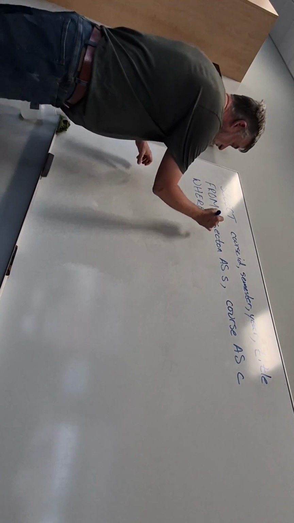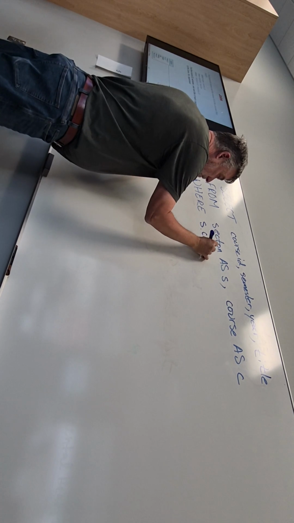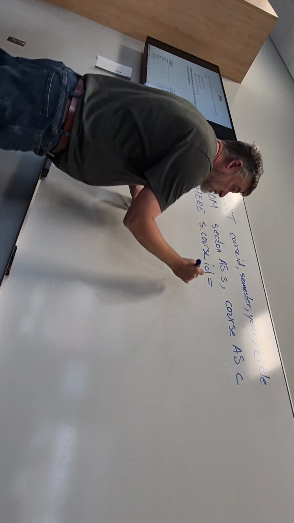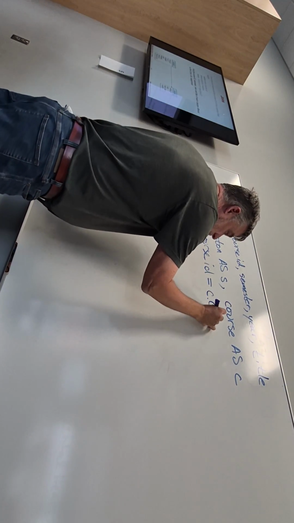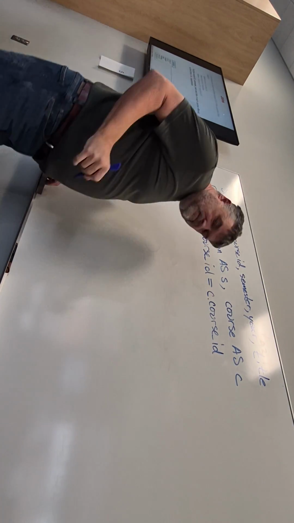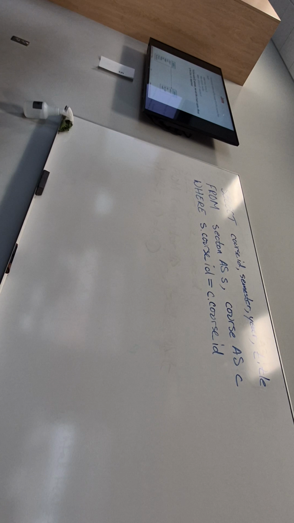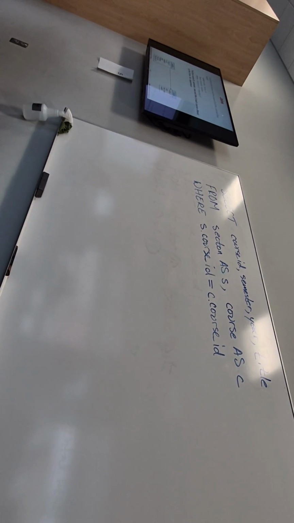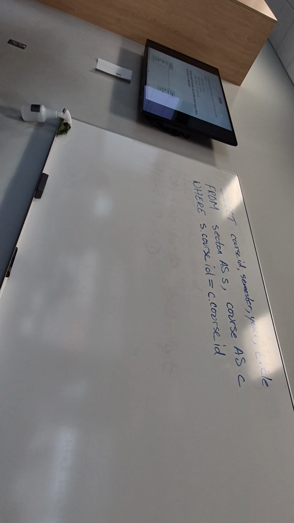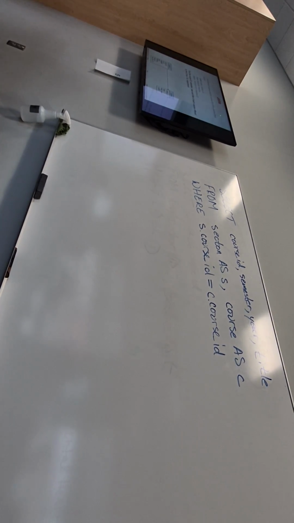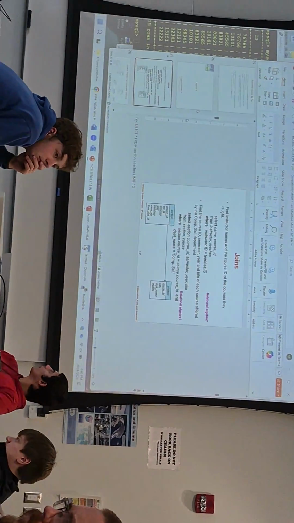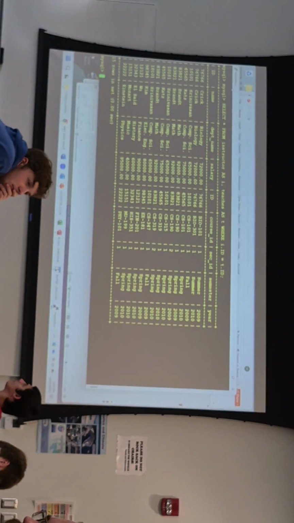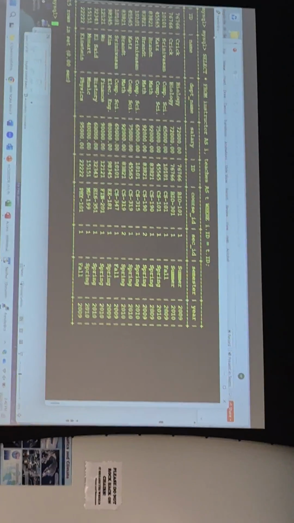Where S dot course ID is equal to C dot course ID. Maybe? Good. At least it's something that I can type into the database connection and get a result back. It might not be the result that this user was asking for, but it's part of the way there at least.